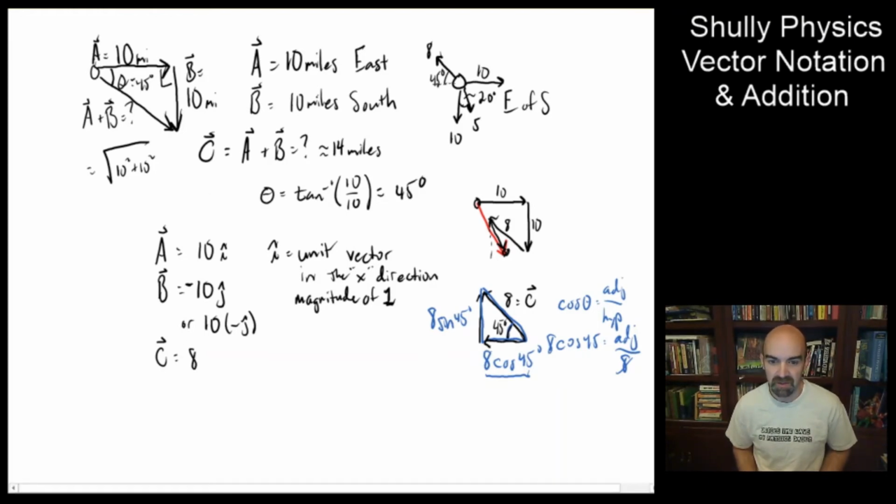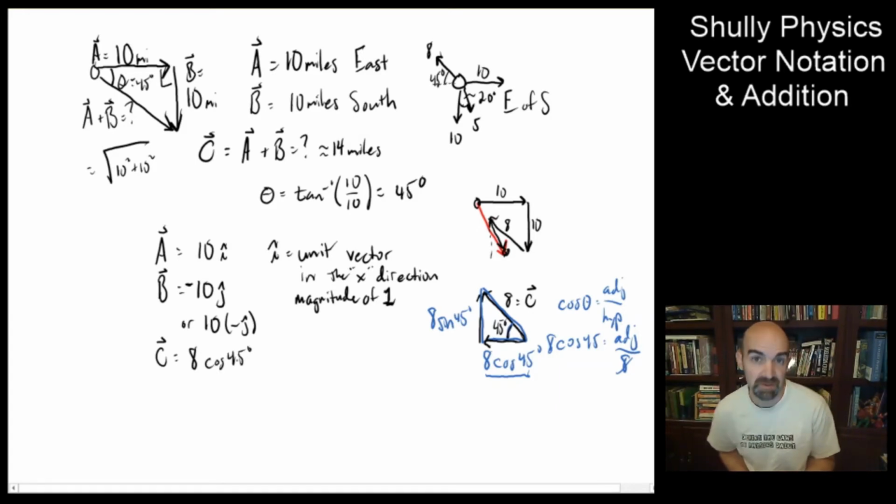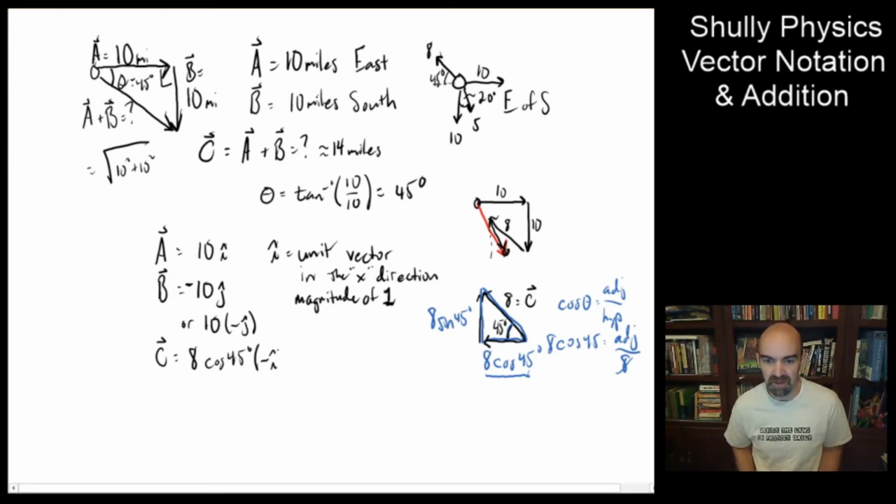We'd have an 8 cosine 45, and you generally write the x direction first: x, y, z. You can look into three-dimensional vectors, by the way, and we won't do that today. But this is in the negative i direction, negative x direction. Then we'll also have an 8 sine 45, and that is upward in the positive j direction.